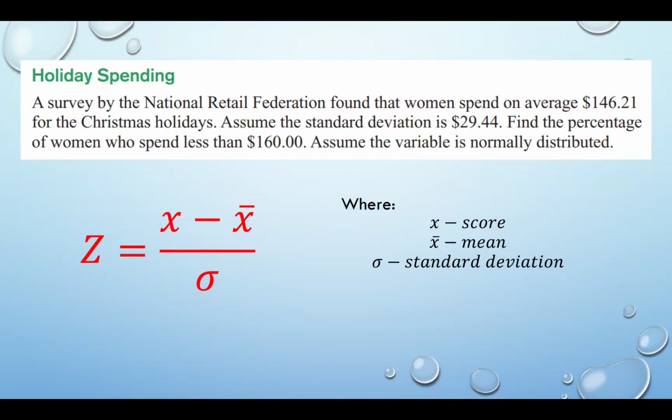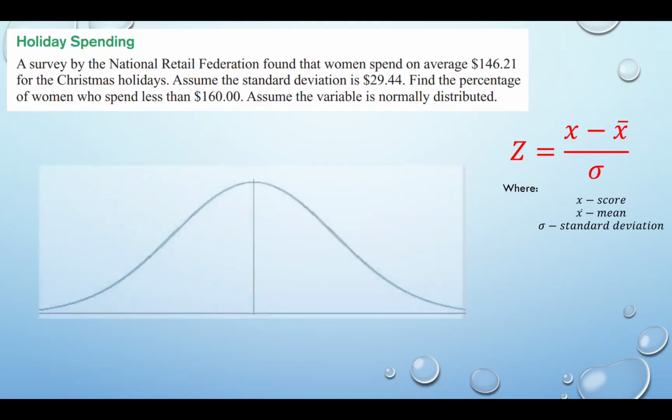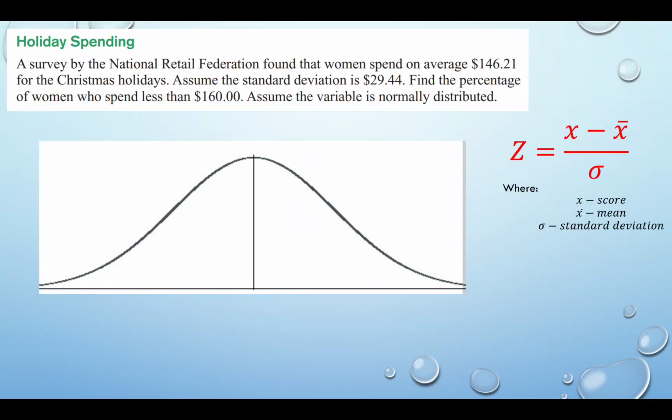Okay, we standardize them. The formula says that the score that we need to find, our target score of 160, we subtract the mean and divide by the standard deviation. If we illustrate this word problem, our mean is $146.21 and our standard deviation is $29.44.